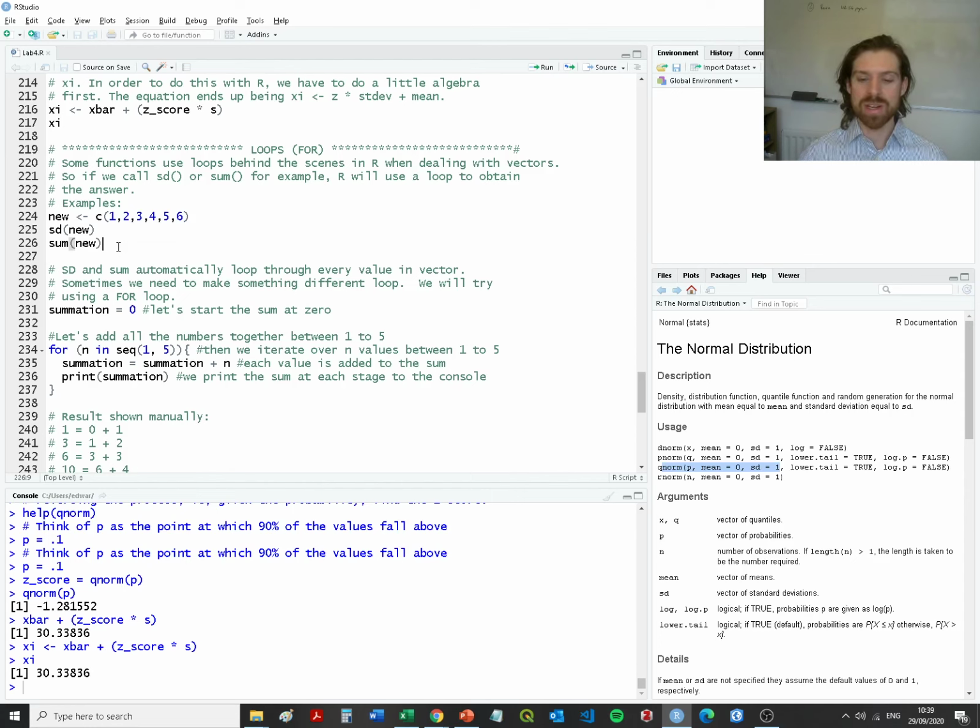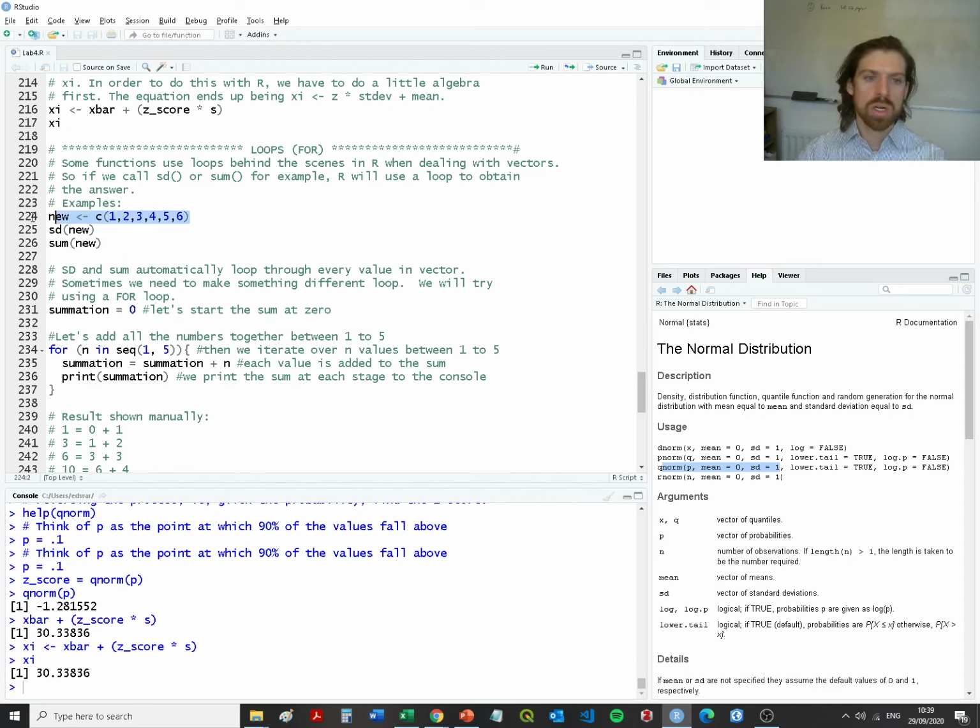By calculator, I mean a very rudimentary non-digital calculator. The difference now is that we're able to use computers to rapidly speed up these calculations. We've used a variety of inbuilt functions quite liberally, like the sum and the standard deviation, and we haven't really covered exactly what R is doing behind the scenes when it does these calculations.